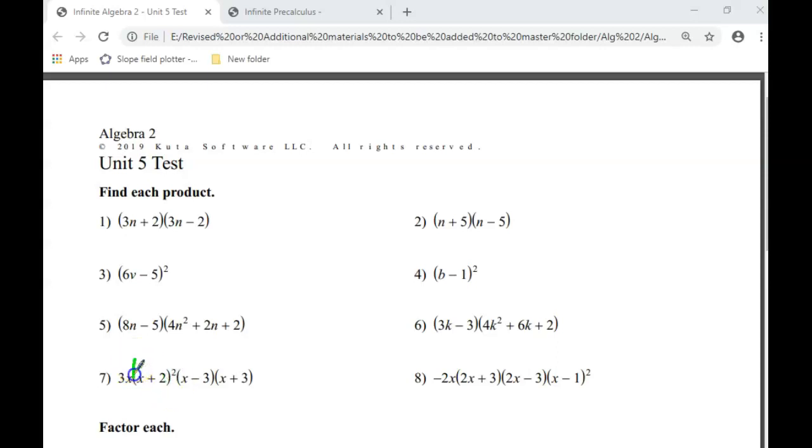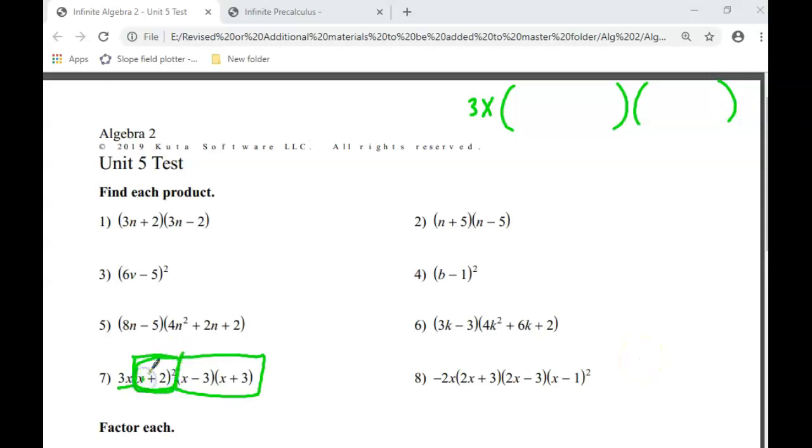We have 2 shortcuts present. We have the squared binomial, and then we have the difference of squares binomials, and then we have a monomial. So when we have this, what I told you guys was to do your shortcuts first. So first of all, I'm going to do my binomial squared.